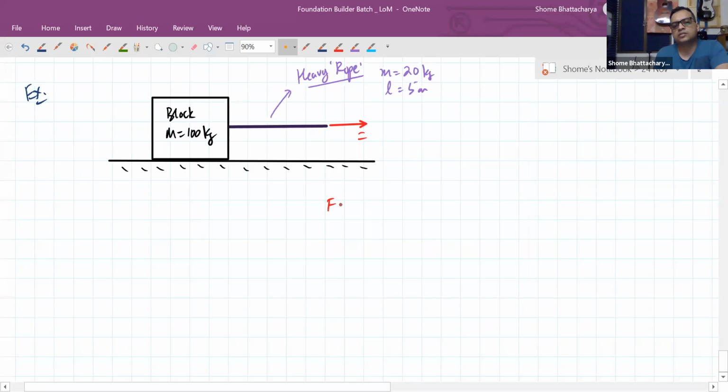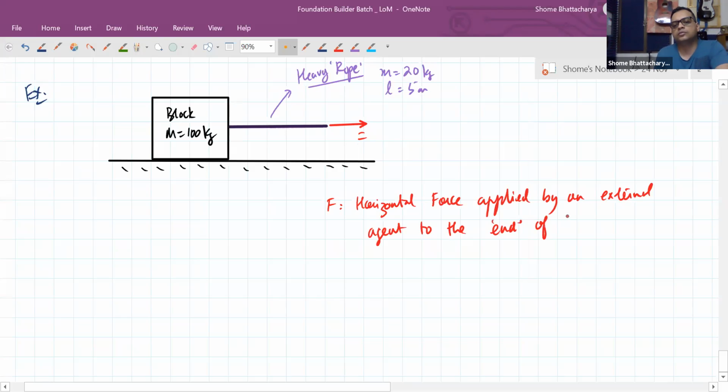So F is a horizontal force applied by an external agent to the end of the rope. Okay. So this is a smooth surface.